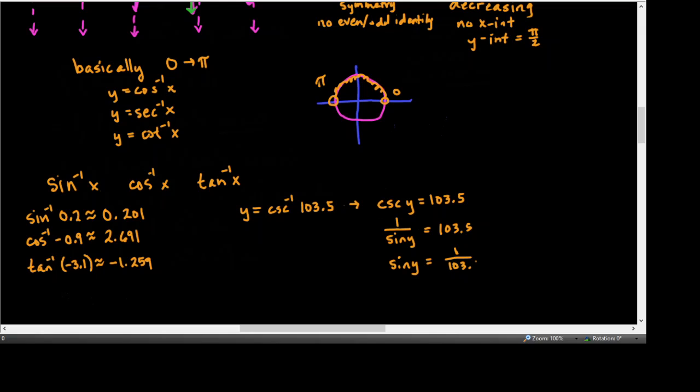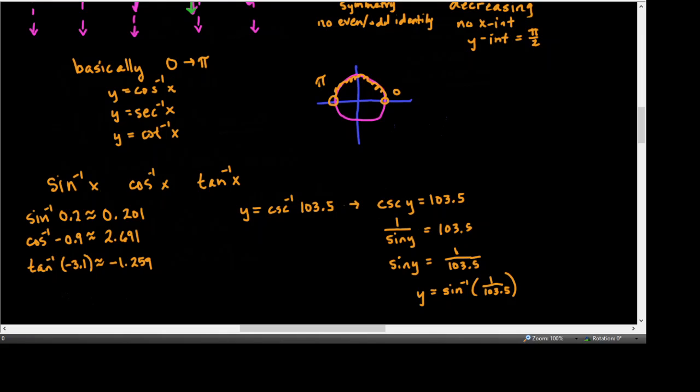And then go back to an inverse now that it's sine of y, and y will be sine inverse of 1 over 103.5. So notice that for the sine inverse, it's not the reciprocal of sine inverse, it's sine inverse of the reciprocal of the number.